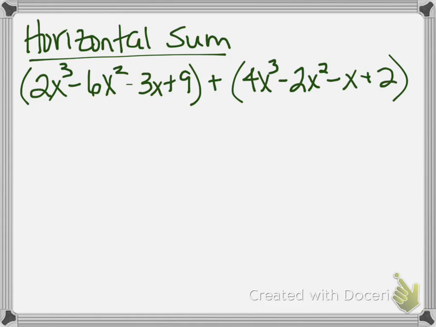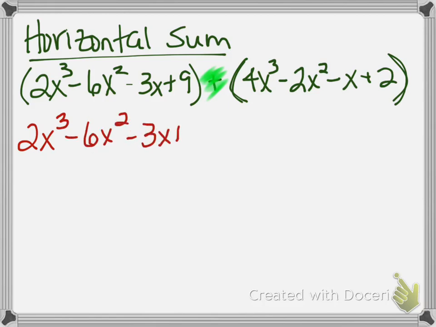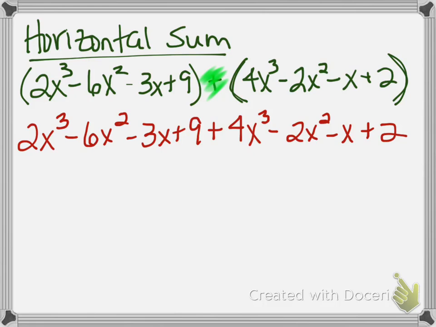Since we're adding here, this set of parentheses we really don't need. We don't even need the first set because we're just adding everything straight across. So I'm going to drop those parentheses. 2x to the third minus 6x squared minus 3x plus 9 plus 4x to the third minus 2x squared minus x plus 2. And here's where we get into our like terms.